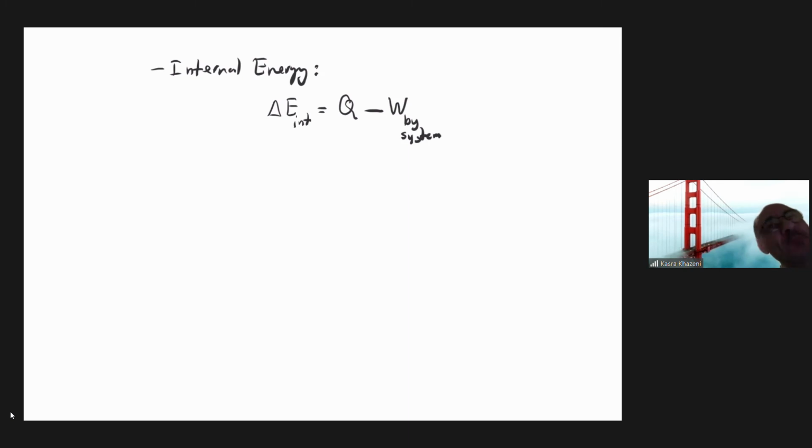Okay? But that should be obvious, right? The internal energy is the amount of heat that you add to the system minus the amount of work the system does to the outside. So one of them is adding energy, the other one is subtracting energy, obviously.